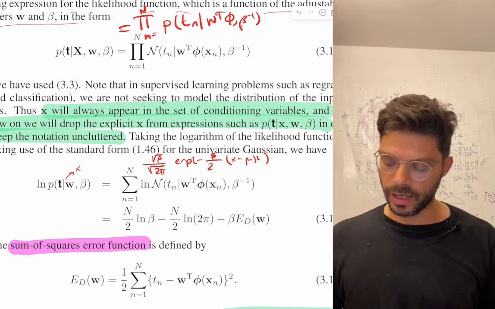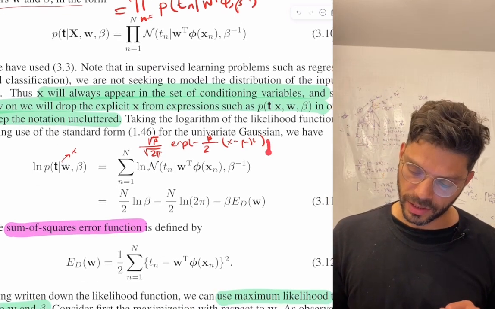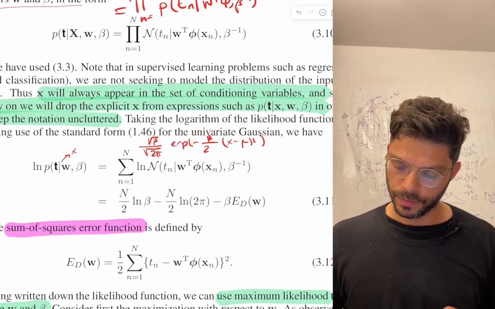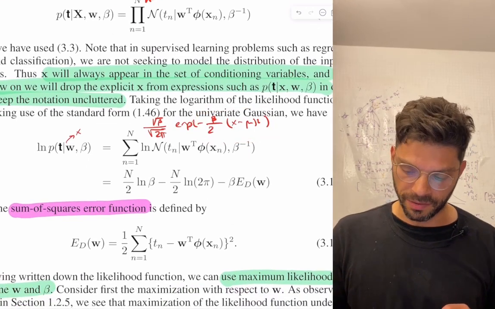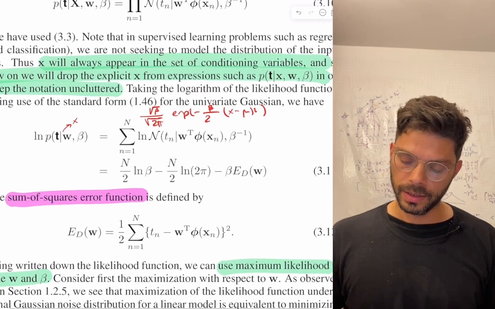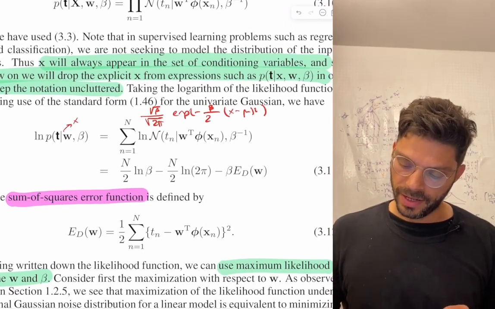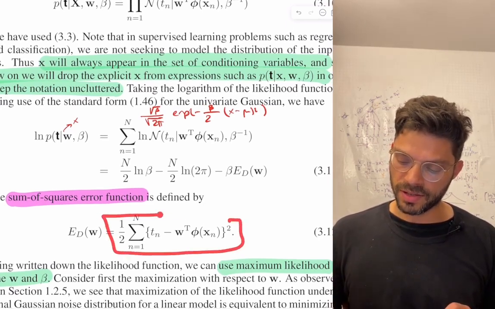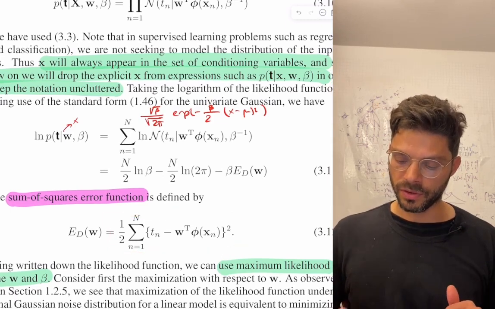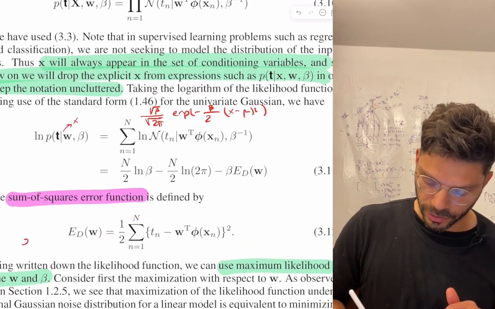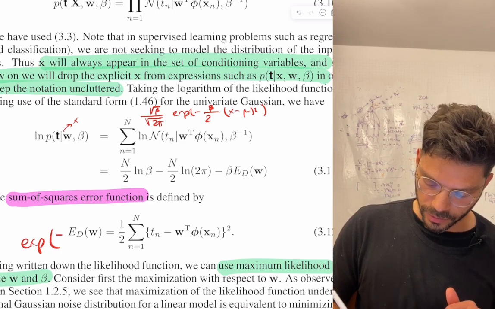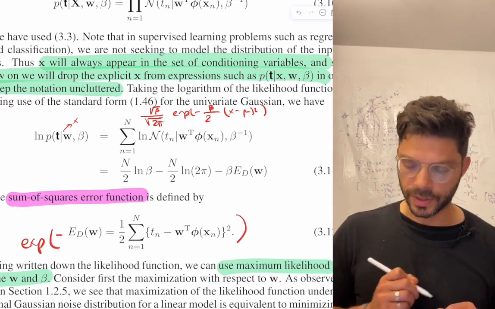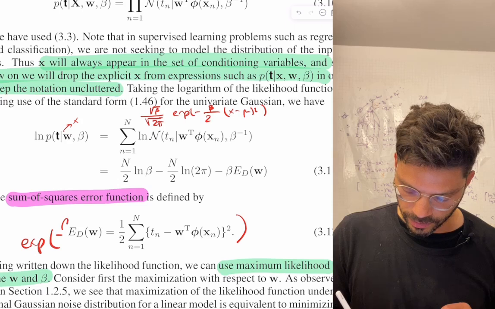The interesting bit is what happens with the terms inside the exponential. They're going to have this scaling of beta, and this is where the sum of squares comes from. There's a beta there as well, minus beta times this.